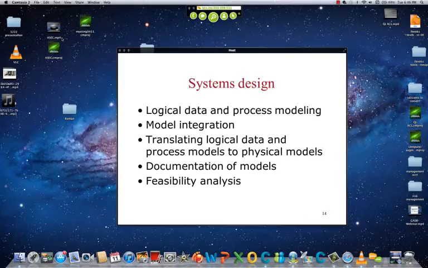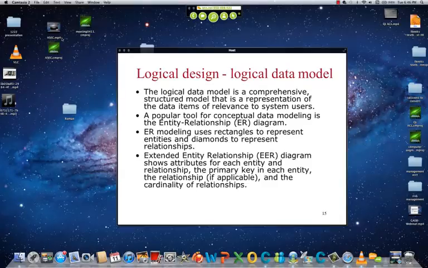So what is logical data modeling? The idea is that you have some business, right? Your business is set up in some way, and there are some things which are important for you. For example, information about customers, inventory, sales, vendors, and so on.